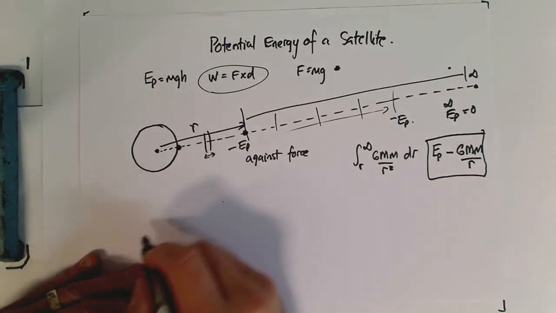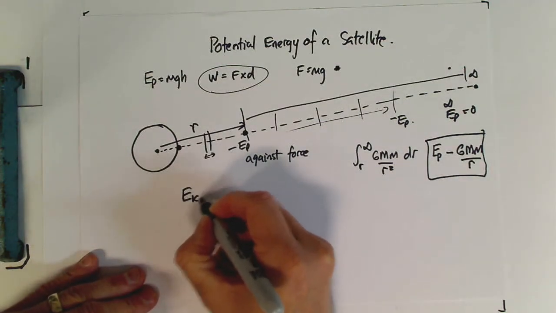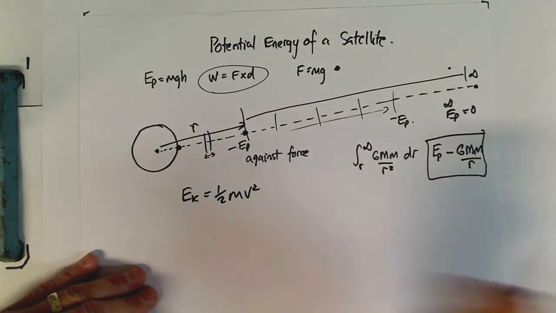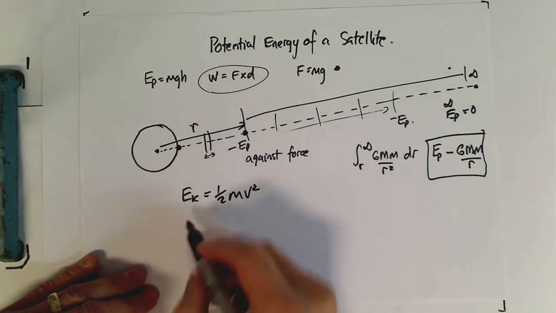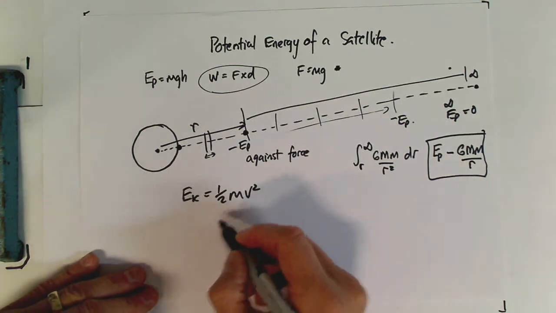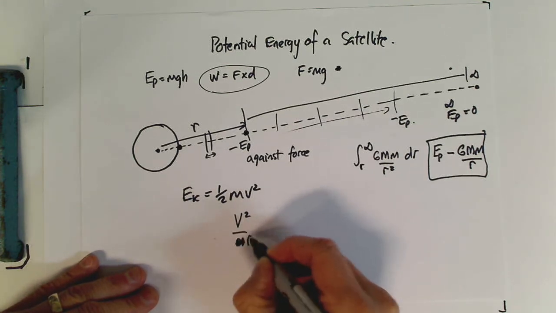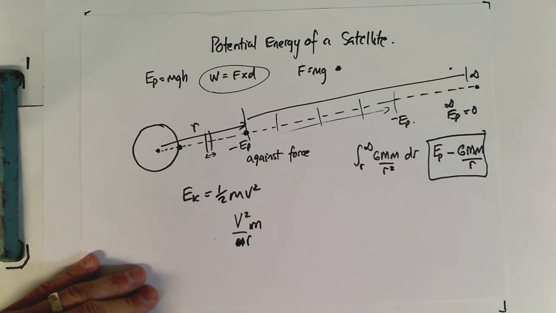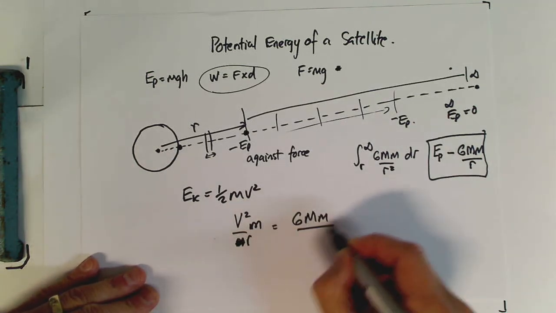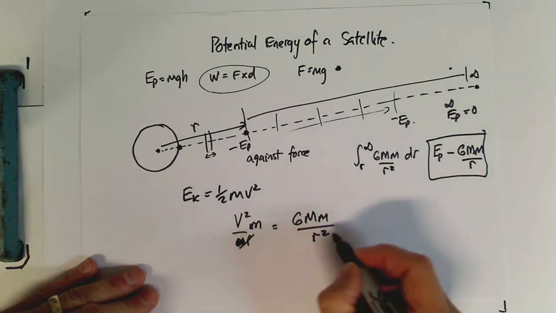Now we can look at the kinetic energy at that point. Now you're all going to go, well, we already know the kinetic energy, it's just half mv squared. But the kinetic energy I want in a similar form to that. So if we use the old v squared over r times m, which is the centripetal force, which is provided by the gravitational force, then we can start looking for a formula.